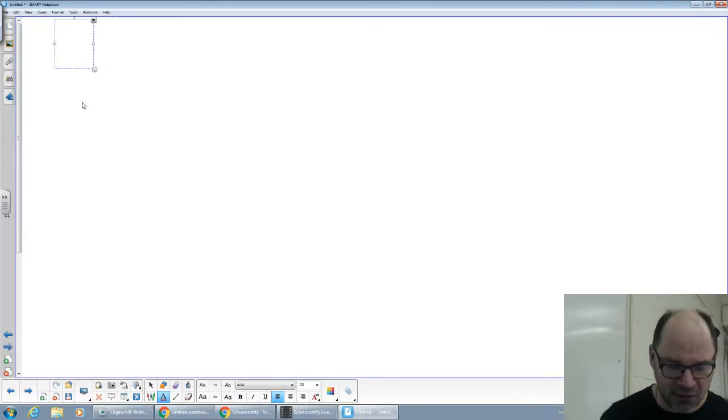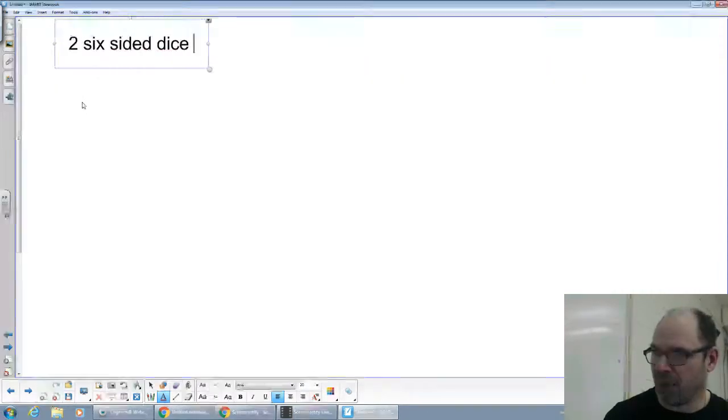And they have some in the problem questions, but they don't really show an example of it till later on in the unit. So I'm going to start early on that. So we're going to do a 2-dice type, we'll do 2 six-sided dice. That's a common one. 2 six-sided dice problem.